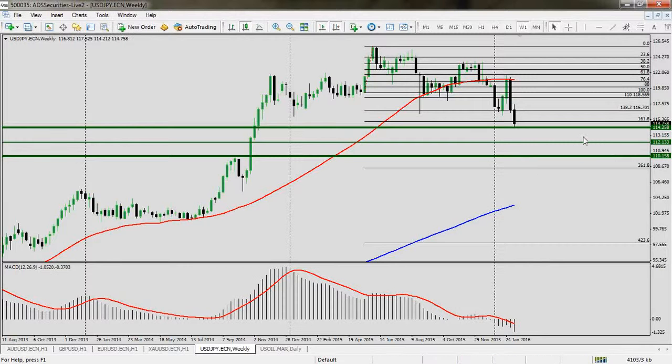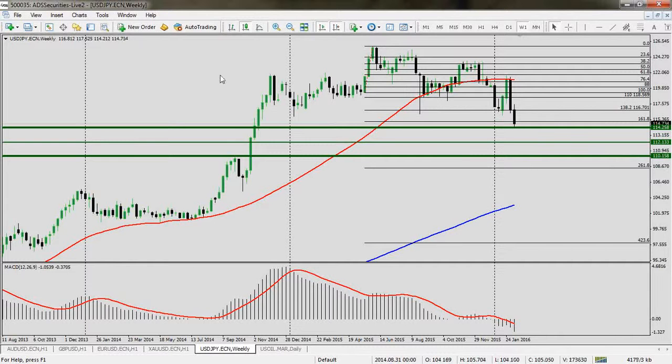So we are looking at USD Japanese yen's three support lines. The first one being at 114.25 level, the second one at 112.10 level, and the third one at pretty much 110 level.